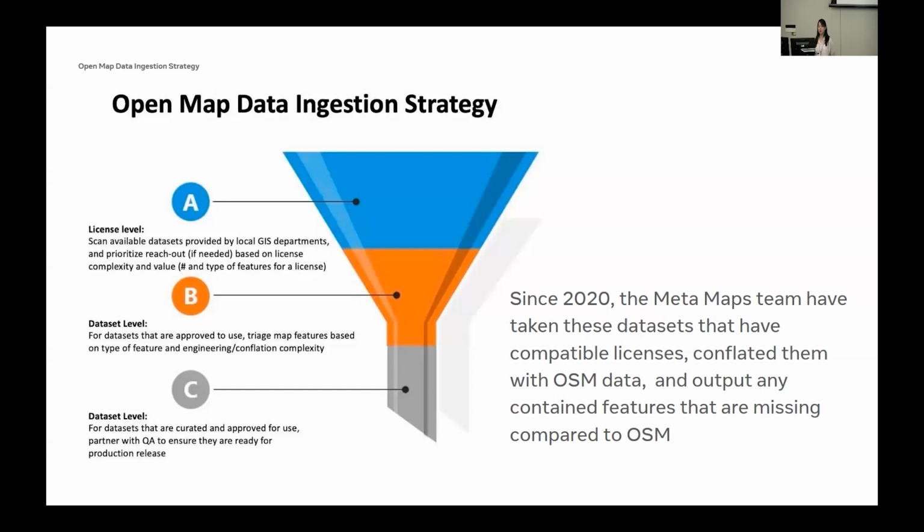The second layer of the data set level is data curation, which is more quality control after the conflations on completed data sets to ensure that whatever we release to the products is ready. Once all the multi-level process is done, we will output any contained features to MetaMaps, which can help to fill the gaps.